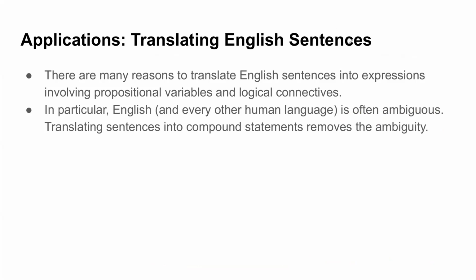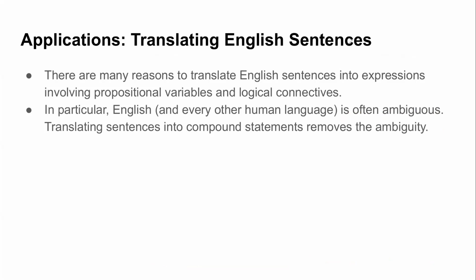So the first application, as I told you, of logic is how to translate normal English sentences into logic. Okay, so if you look at what is the need for this, as I already mentioned, English or any human language is often ambiguous. When we talk in normal spoken language, there's no preciseness there.